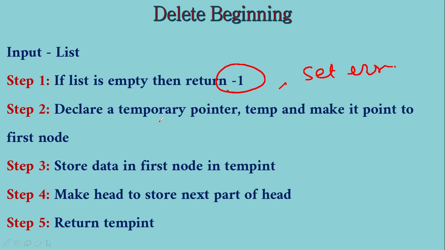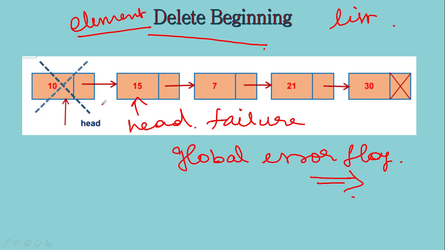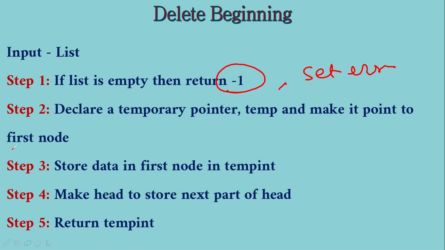In step 2, you are declaring a temporary pointer temp and making it point to the first node. That's what we were making here, right? First you create a temporary pointer and make it point to the first node, and then I will declare another variable, temp int.